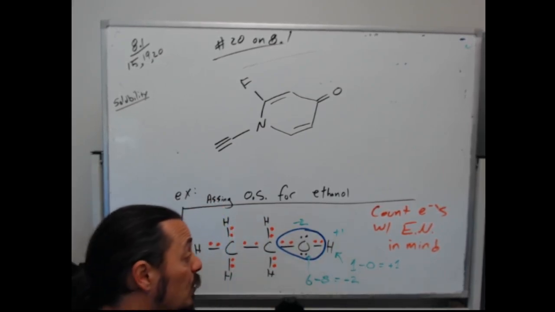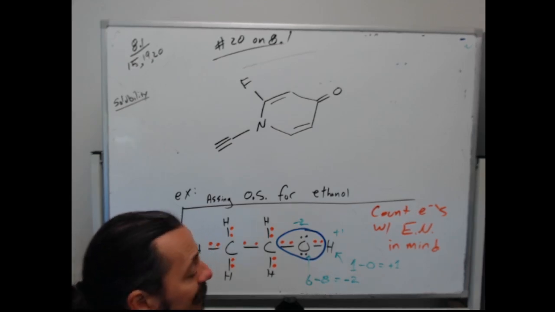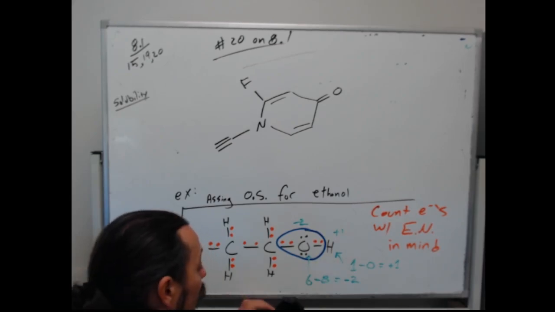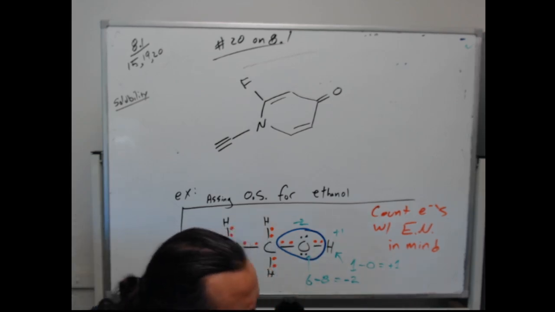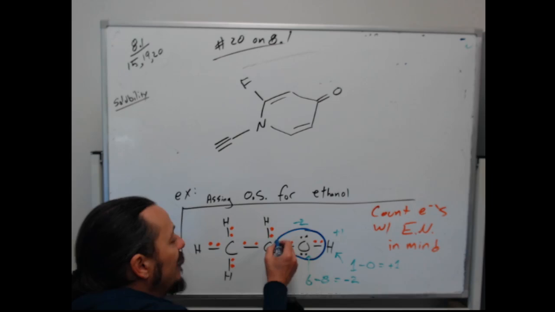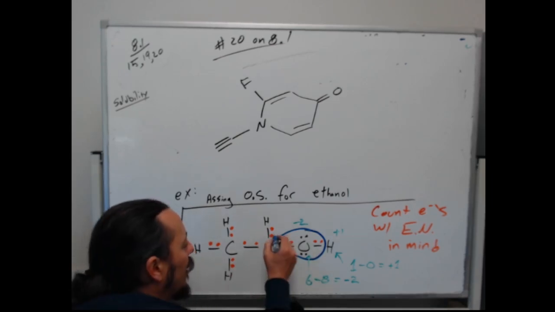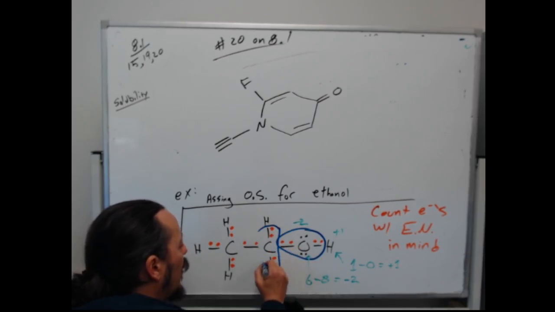Makes sense. Hydrogen's usually +1, oxygen's usually -2. The reason is that hydrogen is usually the least electronegative thing in an organic compound, and oxygen is usually the most electronegative. The place where it gets a little weird is when we look at the carbons. Carbon is slightly more electronegative than hydrogen, so it gets both of those electrons.